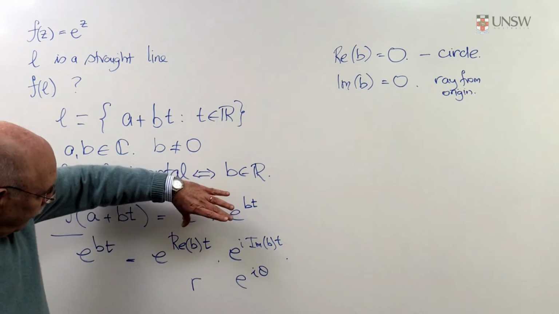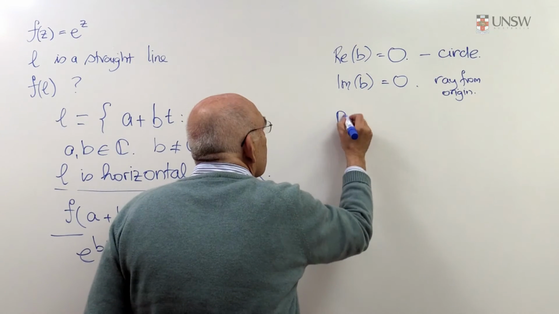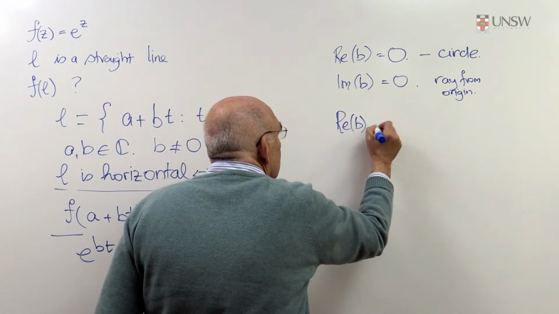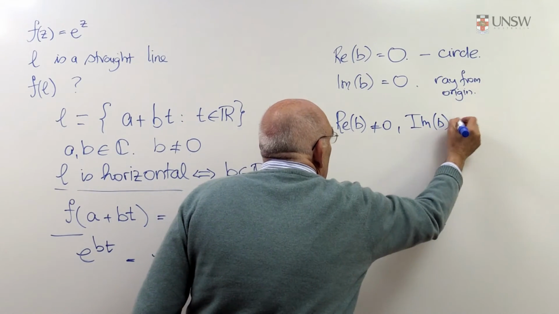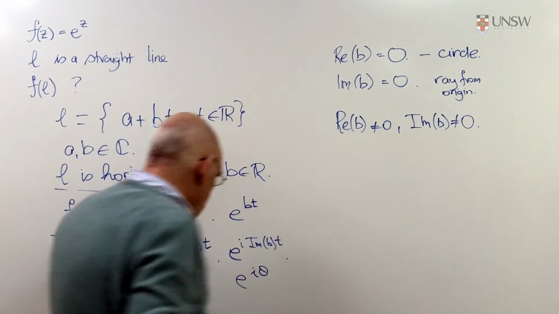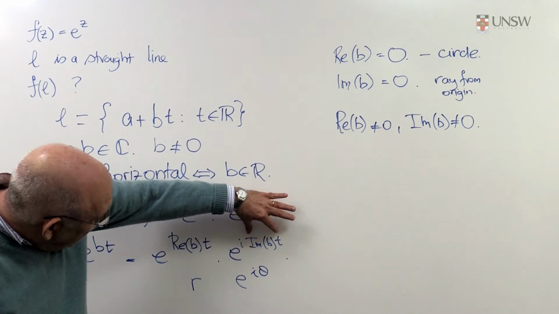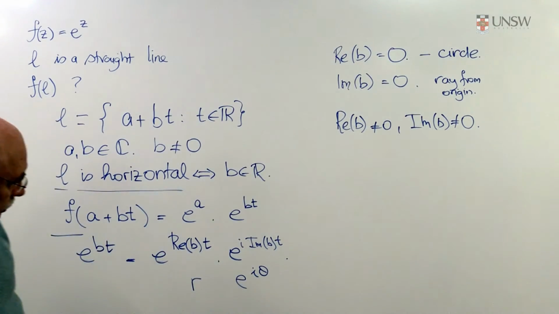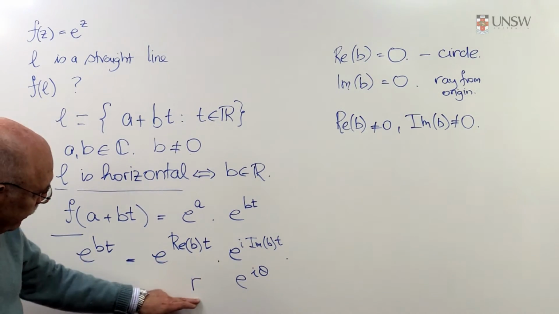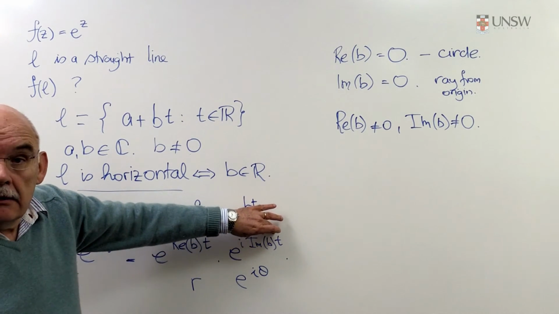Now, if neither of these is equal to 0, then we can really consider the imaginary part of b times t to be a number theta, and we will be able to express the r here in terms of that theta.